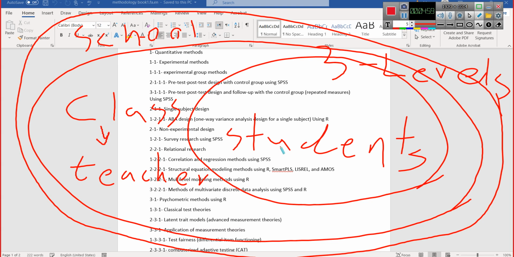So the variables measured from the parents are also at the student level. So parents' variables are also variables that are about the student level.